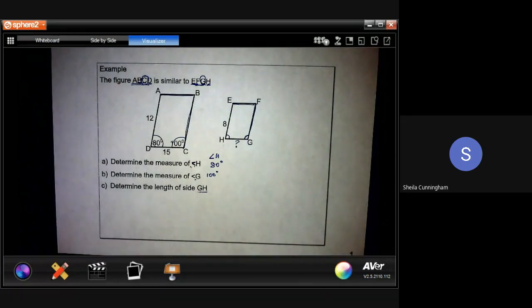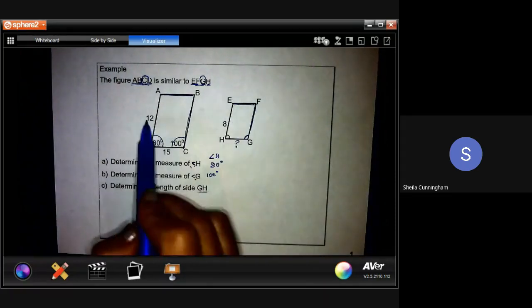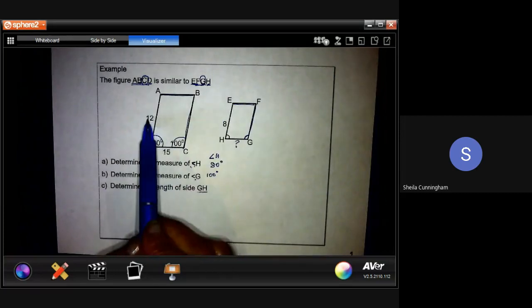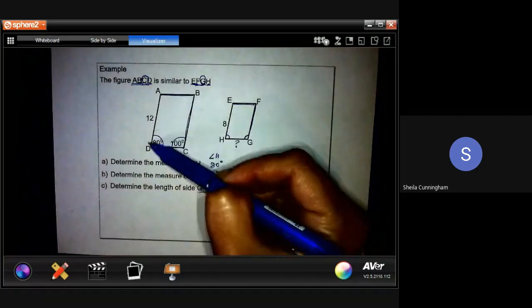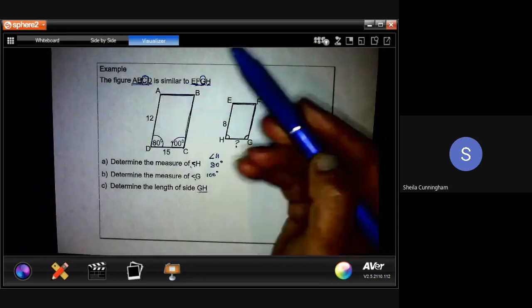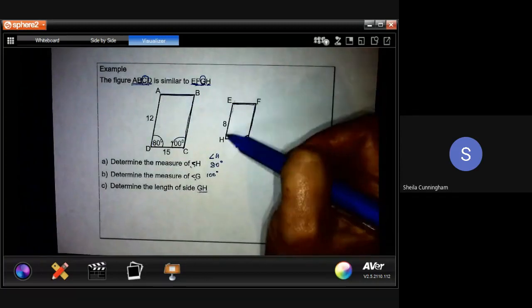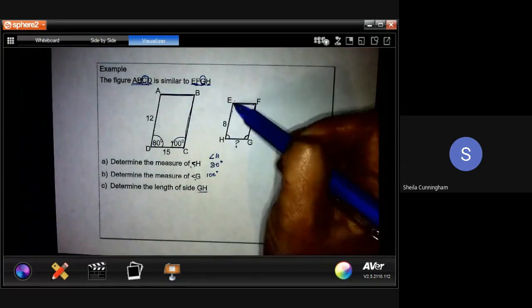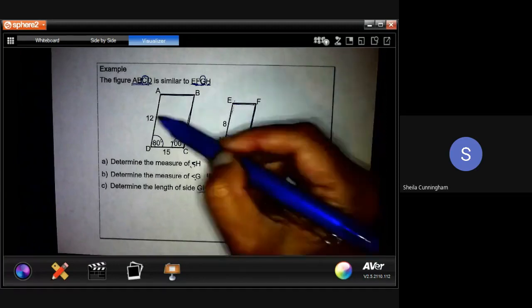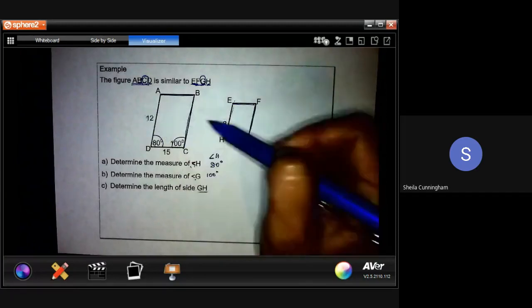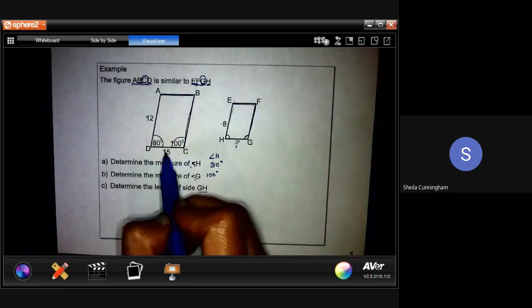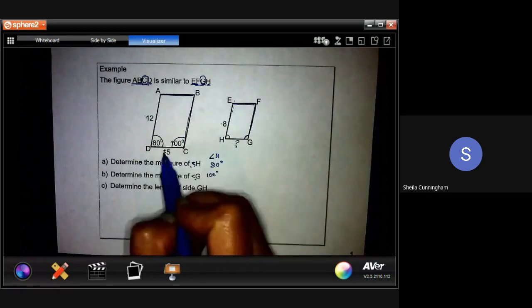So what we want to do is, we have been given other valuable pieces of information. So if I look at this distance from D to A here, that is going to correspond from H to E here. So we know these ratios, this is similar. So this ratio is going to be equivalent to this ratio down here.